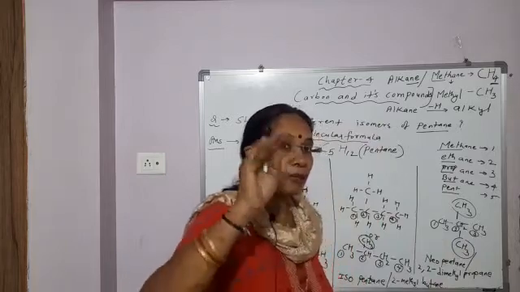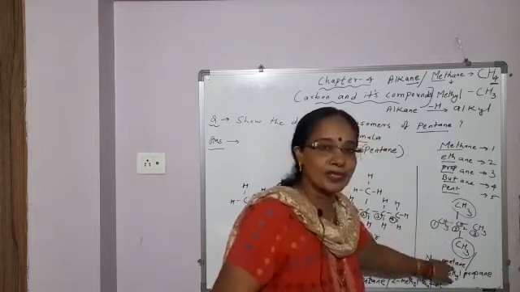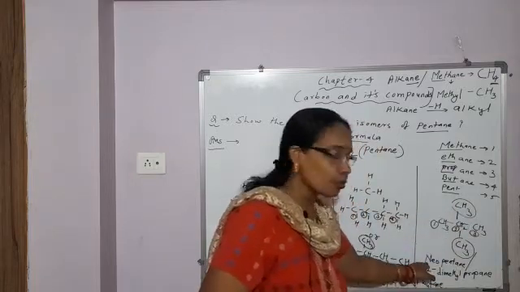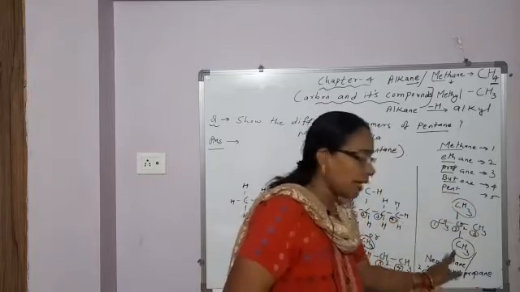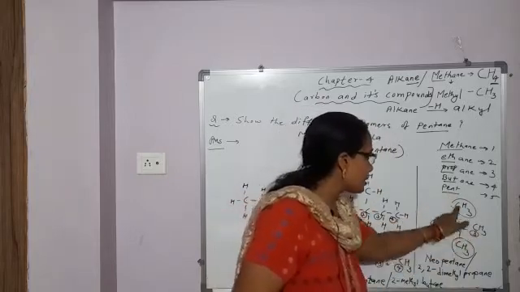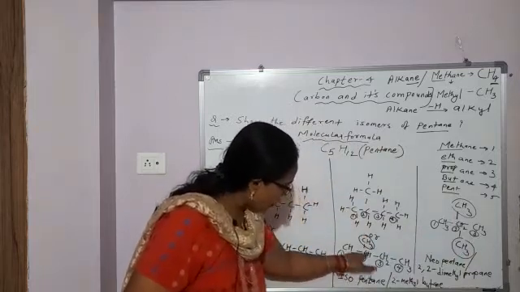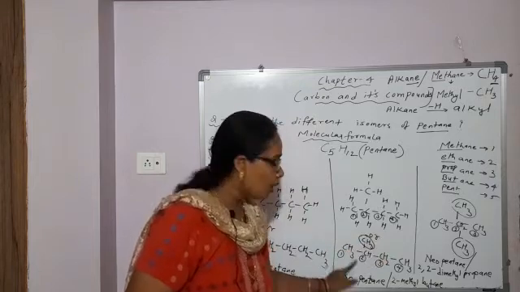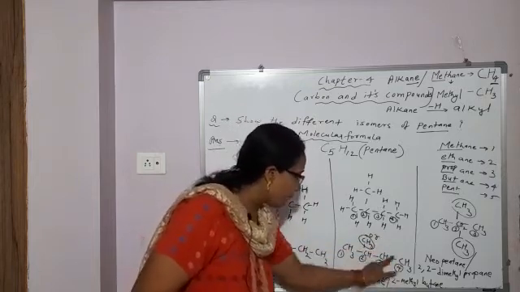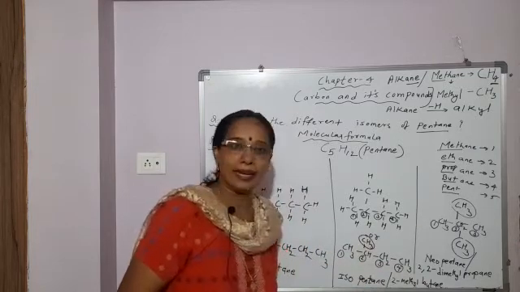When you use the term neo, students, when in the second last carbon atom 2 methyl groups are attached, then the prefix used is neo. Then total carbon atoms 5, so pent, and between carbon atoms single bond, so ane. And when in the second last carbon atom 1 methyl group is attached, the prefix used is iso, and total carbon atoms 5, so pent, and between carbon atoms single bond, so ane.